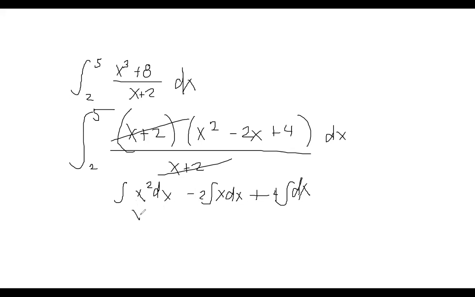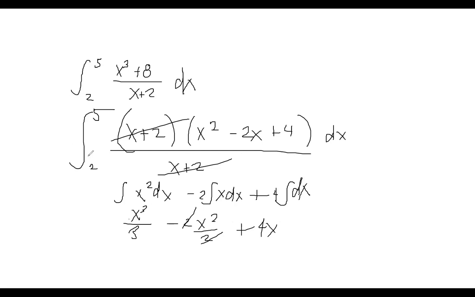Integrating, we have x cubed over 3 minus 2x squared over 2, which can simply be cancelled, plus 4x.